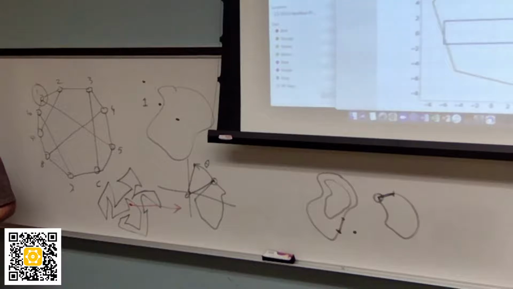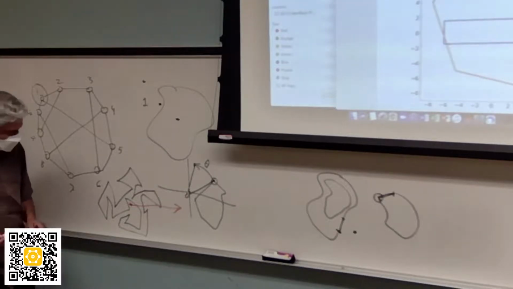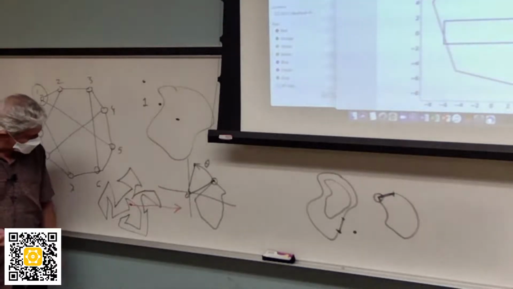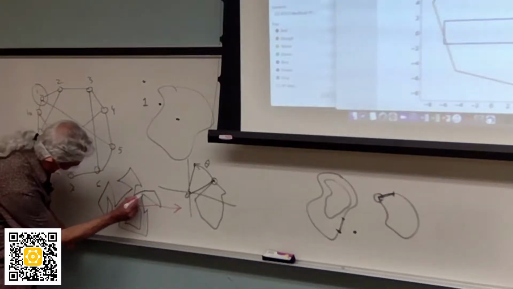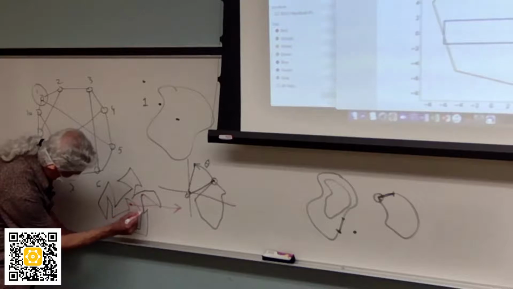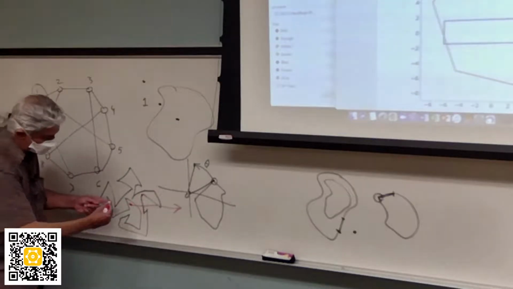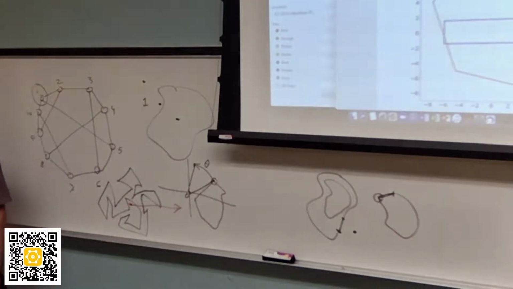Are we good? So is this point inside or outside? This one's outside. And it doesn't matter how complicated it is. Now, how do we do this test? Well, not that difficult, it turns out. I'm going to take, let's say, this edge, and I'm going to compare it against this infinite ray.